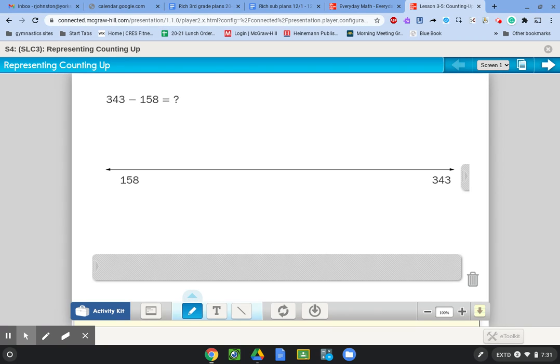So I could have said I'm going to do a small jump first, a plus 2 jump to get me to 160. And then I couldn't do a 200 jump, right? Because if I went 200 ahead from 160, that would put me at 360, and I overshot a little bit. So let's just do a 100 jump to keep it easy. So 160 plus 100 more would be 260.